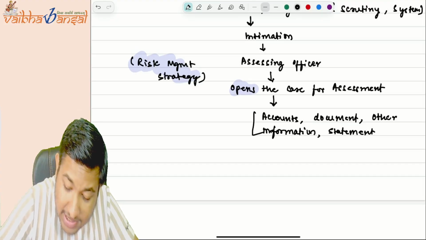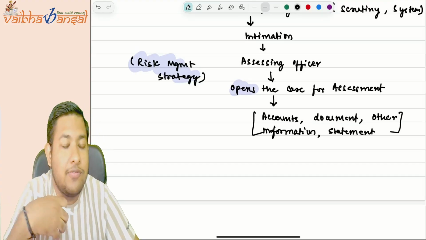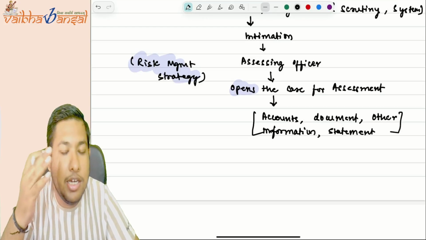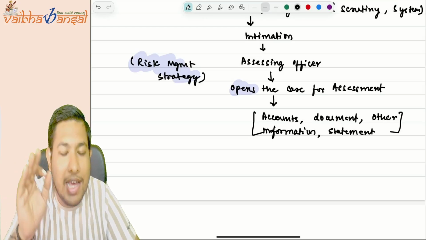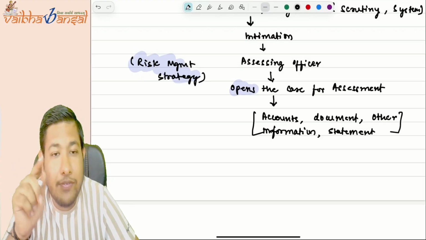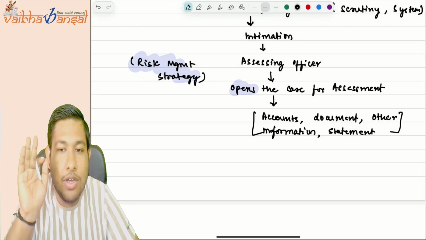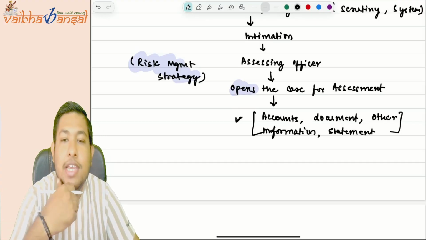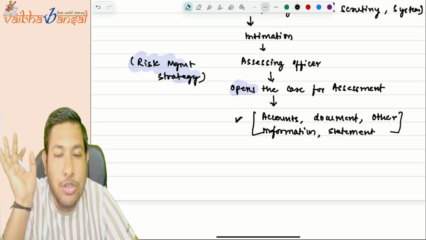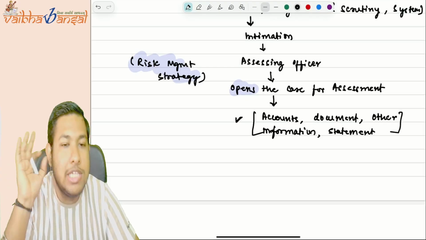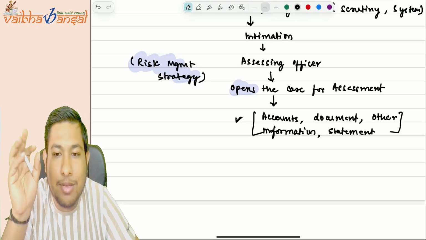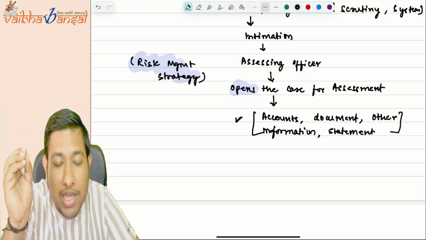All these things he needs to first take from the assessee, and then verify whether the assessee has correctly filed the income or tax or not. So the first thing he needs to do is ask for the documents, account statements, or other information from the assessee.